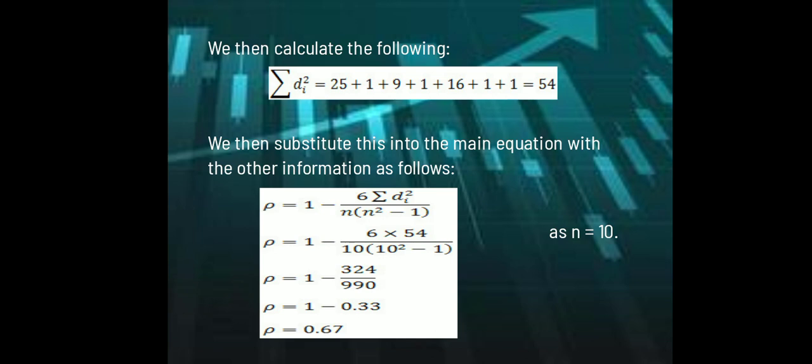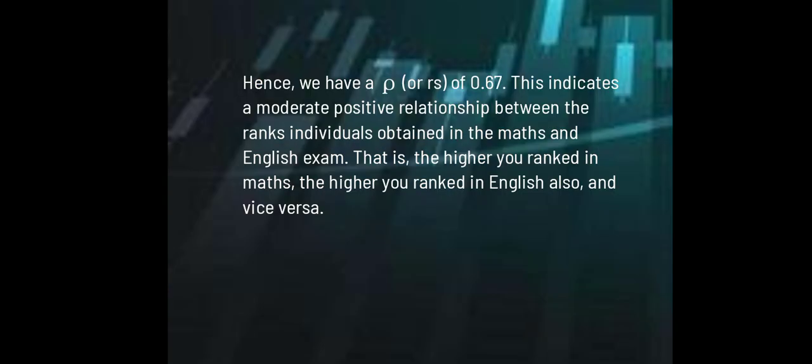So as we get the coefficient rs, or coefficient ρ, which is 0.67, we will then have the decision rule.